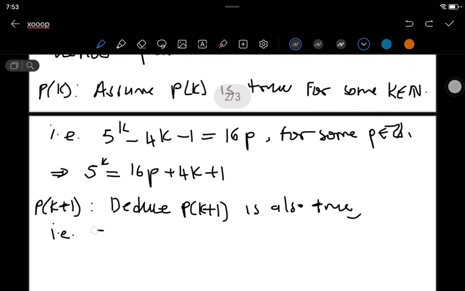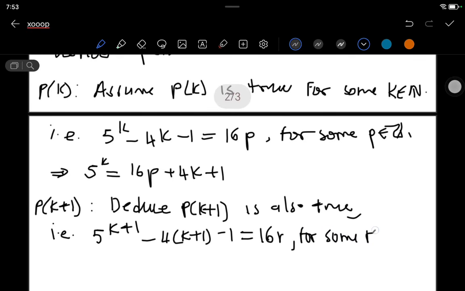So we're going to say now 5 to the k plus 1, replacing k by k plus 1, minus 4 times k plus 1 minus 1, is equal to 16r for some r element of an integer. We use a different variable here.